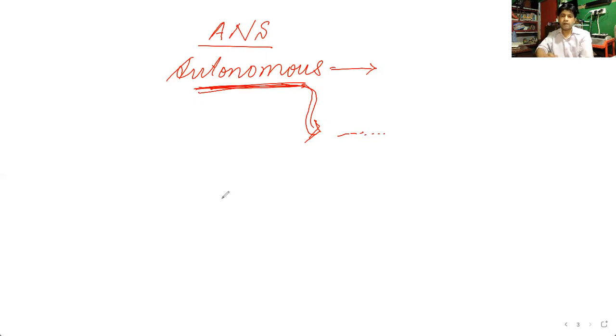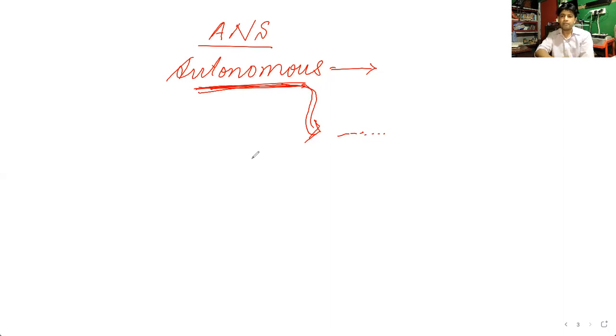So this function, that means the stimulation of the digestive glands to secrete the digestive juices, is one type of autonomous function. That means automatically it happens, no need to think about that, no need to take care about it. So this is also controlled by the autonomous nervous system.